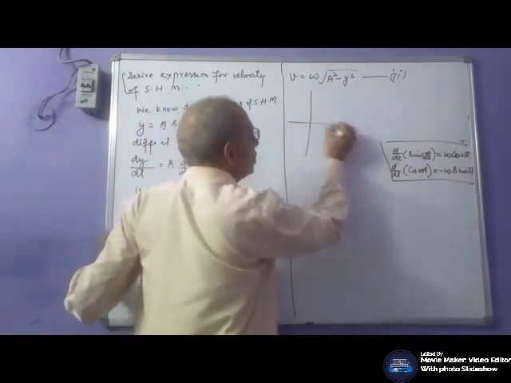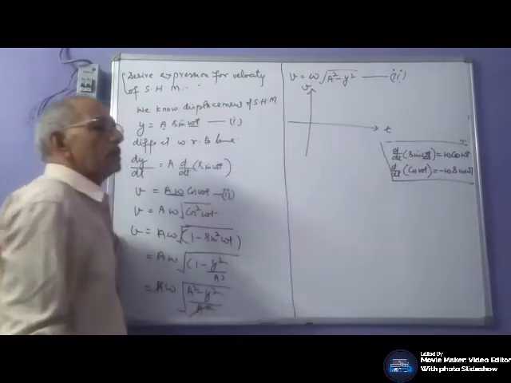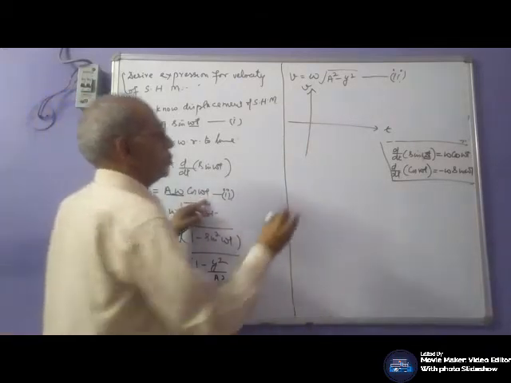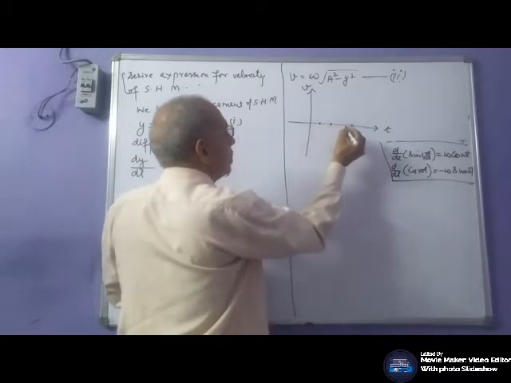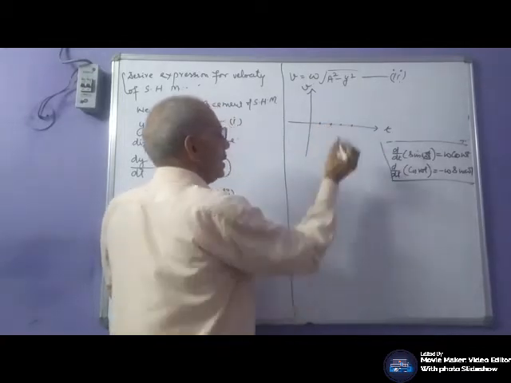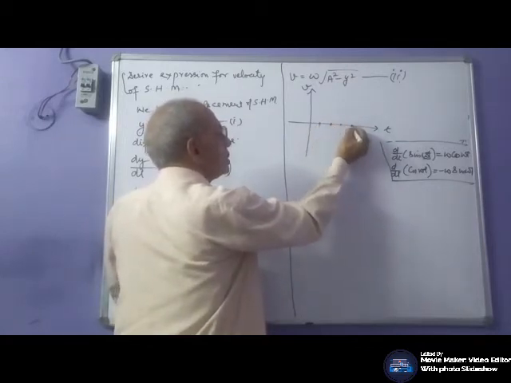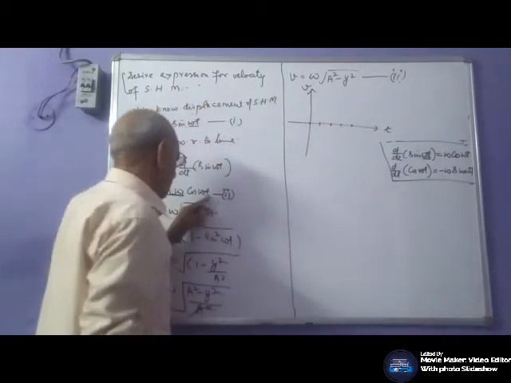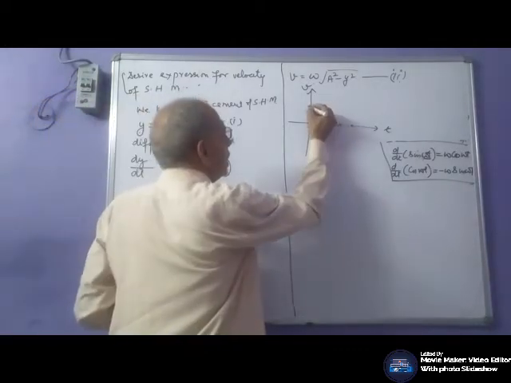Draw a plot, the V-T graph. We have drawn the plot of displacement in a similar pattern. At time 0, this is capital T, T by 2, T by 4, 3T by 4. Time 0, cos 0 is 1, v is A omega.